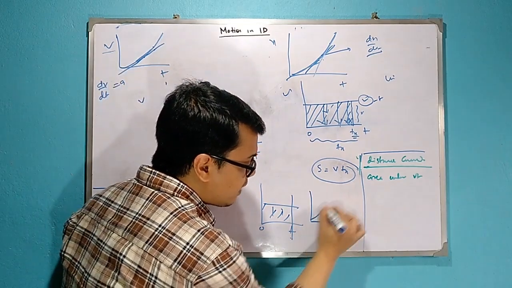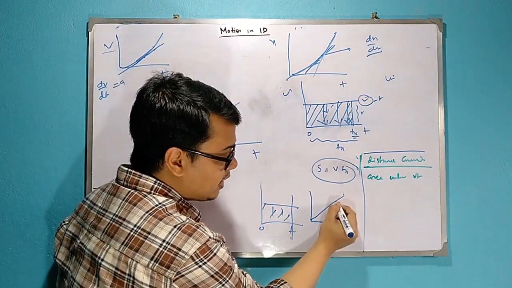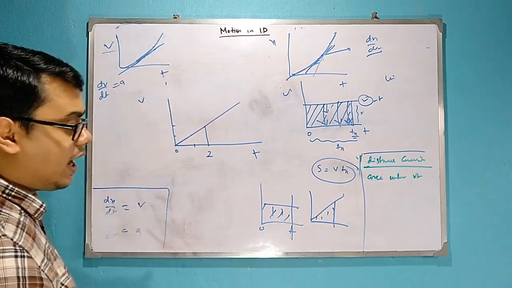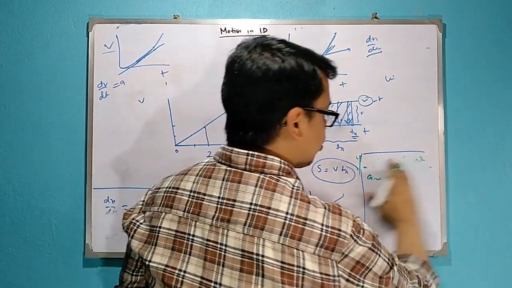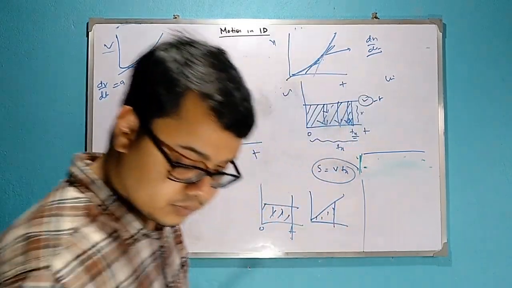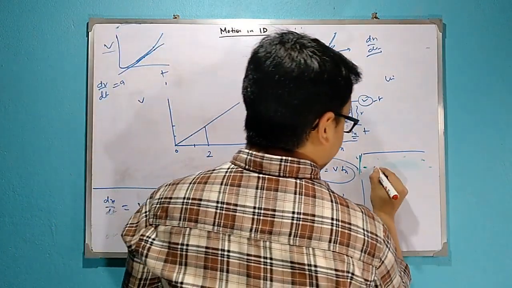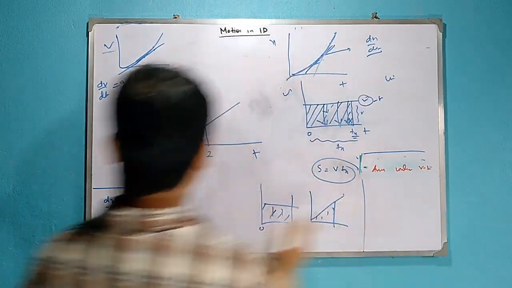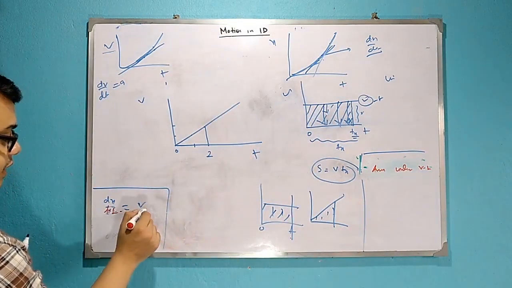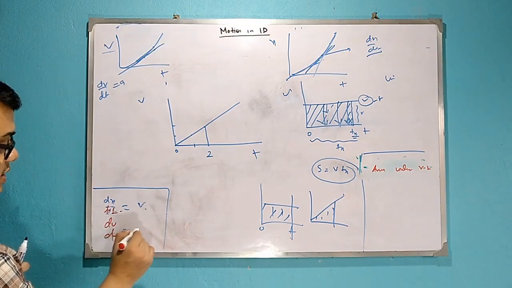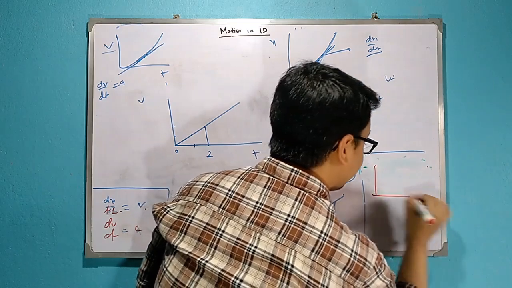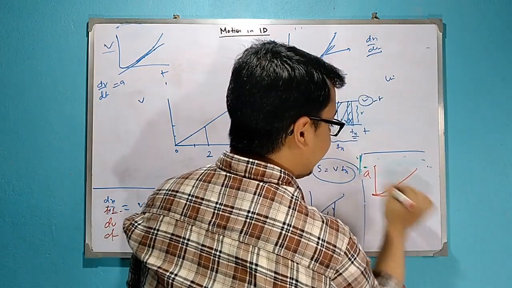Suppose this is my graph, then the area will be what? At t, this will be the area. So note this one: the area under vt. dx by dt is v. Similarly, dv by dt is a. Then go the reverse way: suppose this is the at graph.